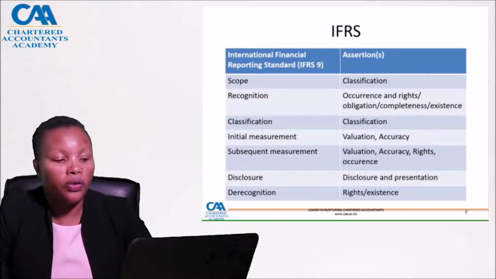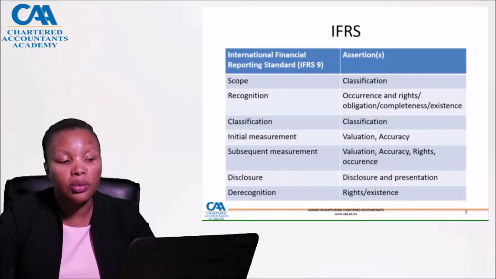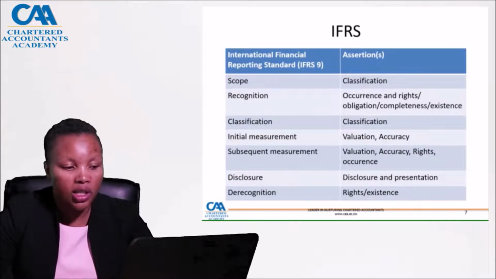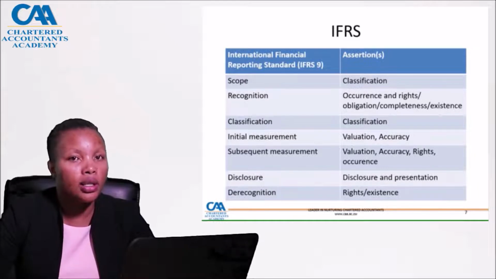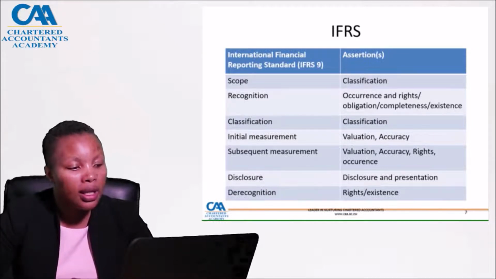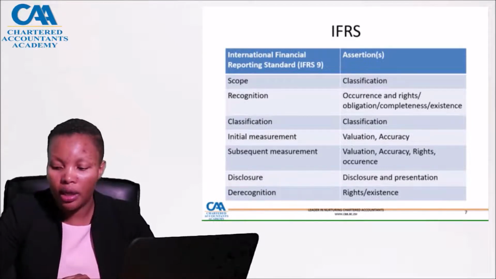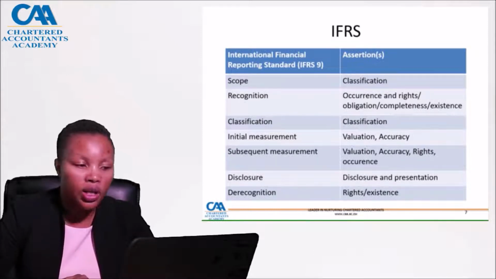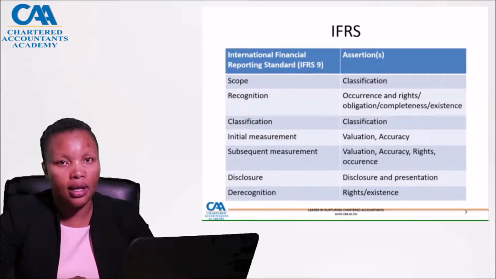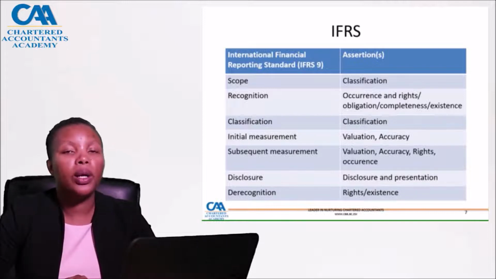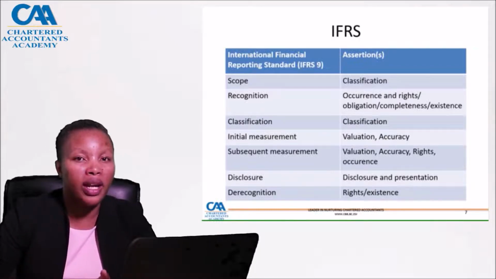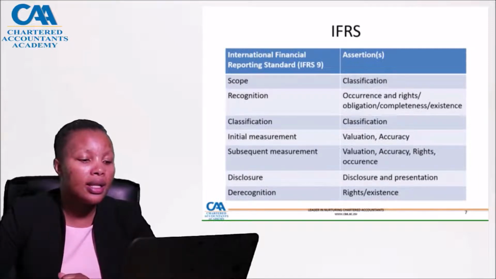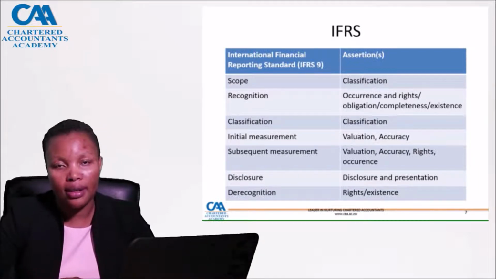Disclosure. You find that your disclosure and presentation assertions, all those assertions that relate to disclosures and presentation, will then tie up with the disclosure that you're going to make on inventory or on IFRS 9, any other accounting standard. Then when we dispose of that inventory or we dispose of a financial instrument, then we de-recognize.